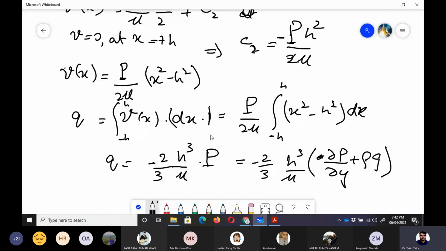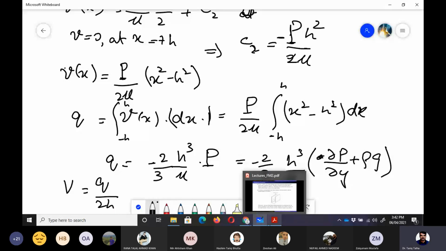We know that this value is negative, and this is also negative, so it would in fact have a positive value in the y direction, which is the upward direction. So this is the value, and then we can easily write it in terms of mean velocity as well, because we know that the mean velocity would be equal to q upon 2h, and from there we can write it in that term.